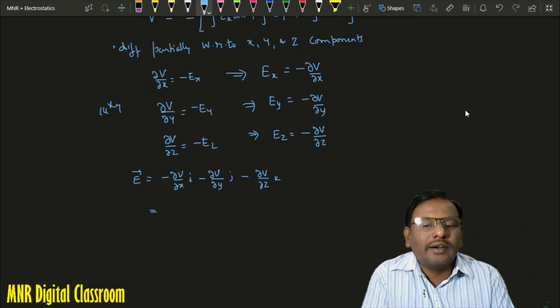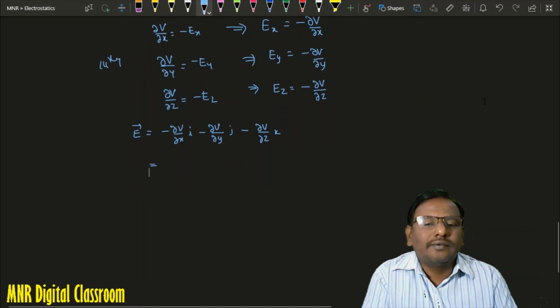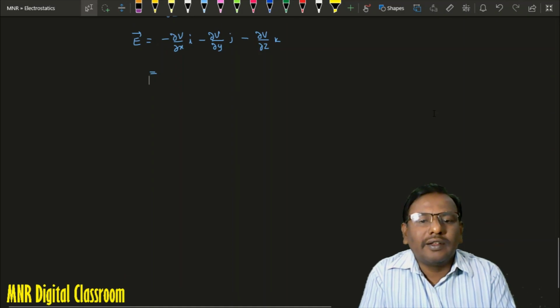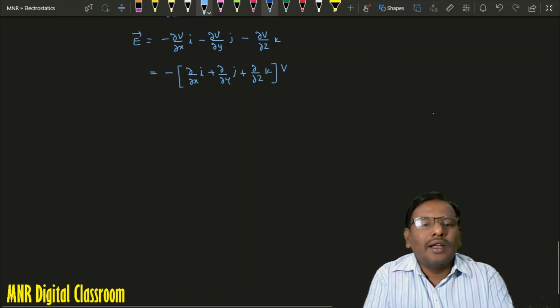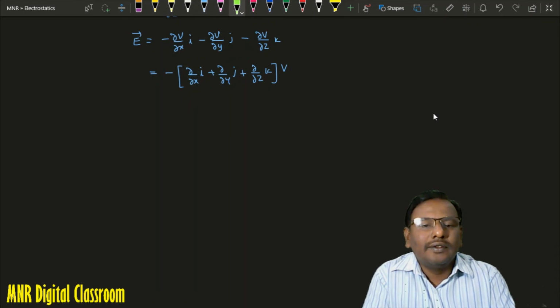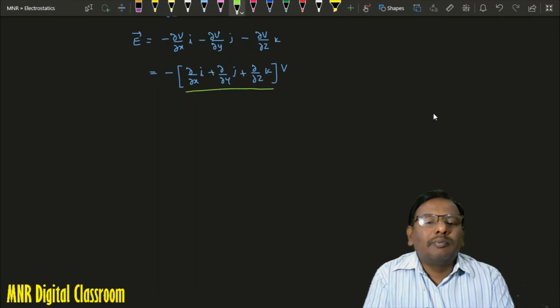We can write this by taking the minus sign common: dou by dou x i plus dou by dou y j plus dou by dou z k, into V. We know that this term represents the del operator.